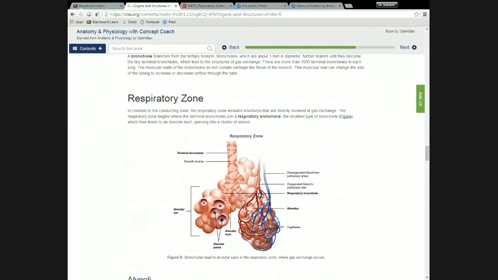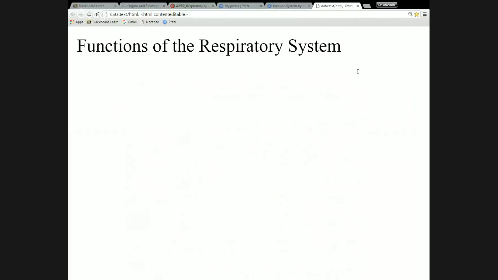So what we want to talk about today is really the functions of the respiratory system, and there are basically five. One is ventilation, which is breathing, which we also talked about a little bit in lab, but I'm going to talk about more here today.